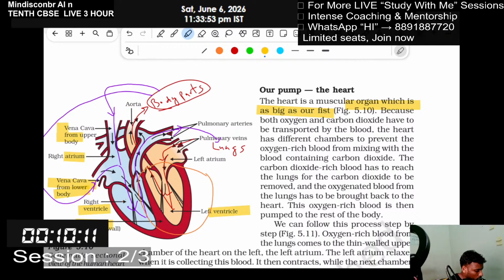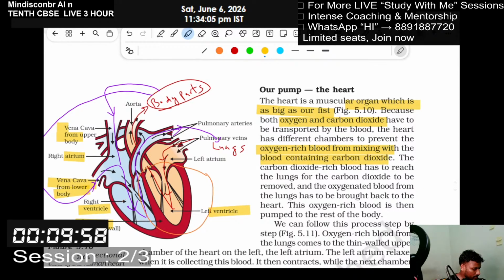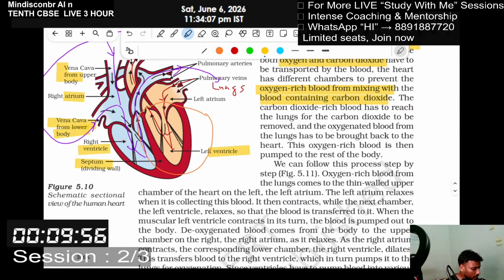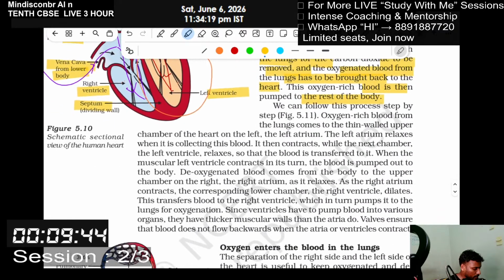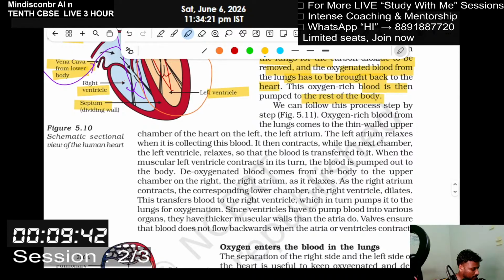Because both oxygen and carbon dioxide have to be transported by the blood, the heart has different chambers to prevent the oxygen rich blood from mixing with the blood containing carbon dioxide. The carbon dioxide rich blood has to reach the lungs for the carbon dioxide to be removed, and the oxygenated blood from the lungs has to be brought back to the heart. This oxygen rich blood is then pumped into the rest of the body. We can follow this process step by step.